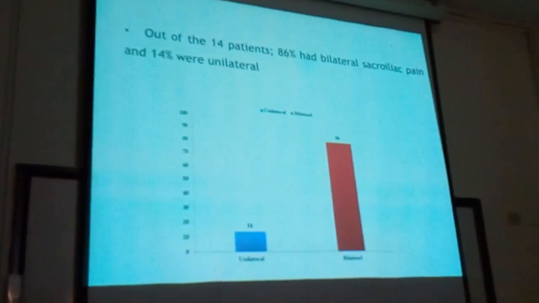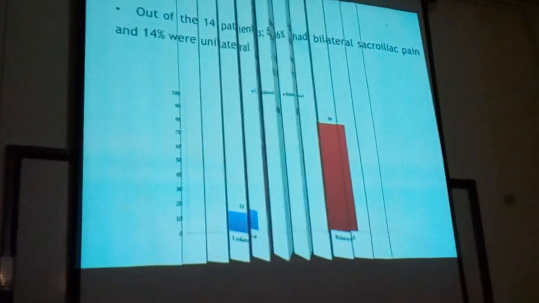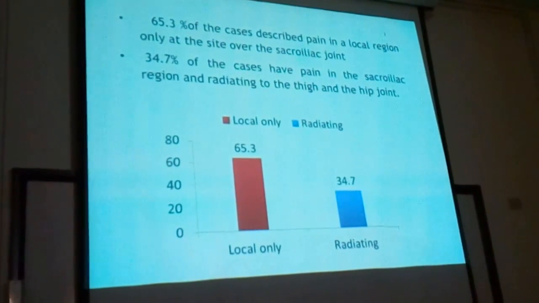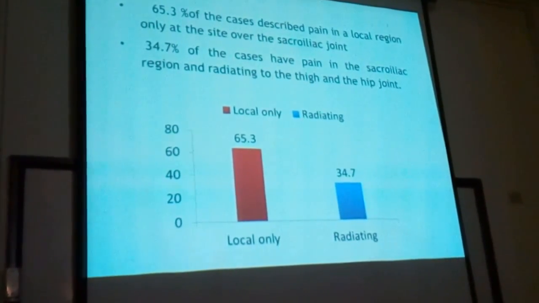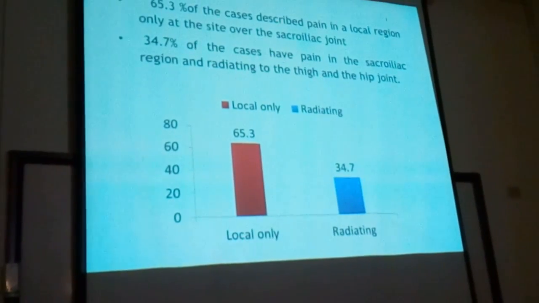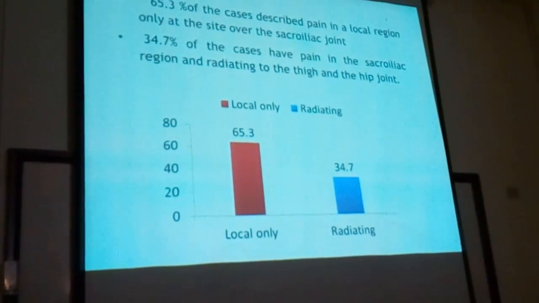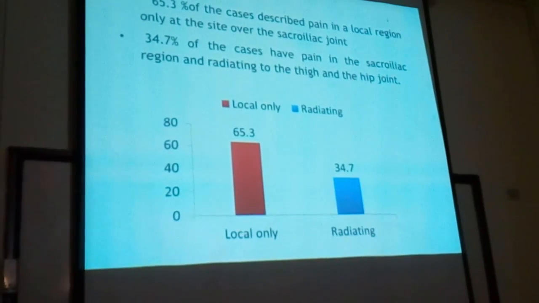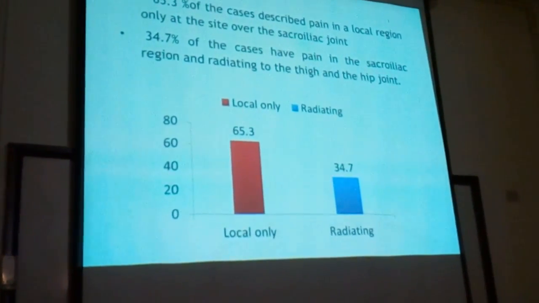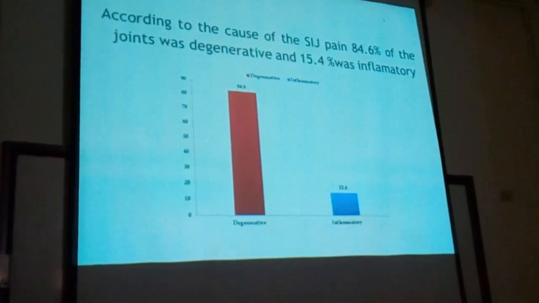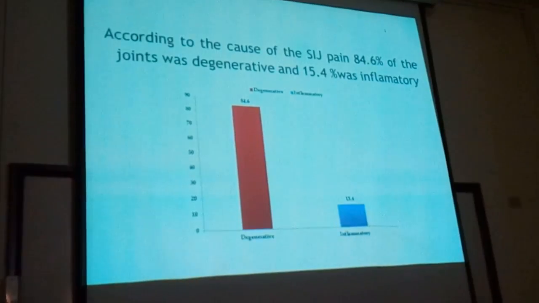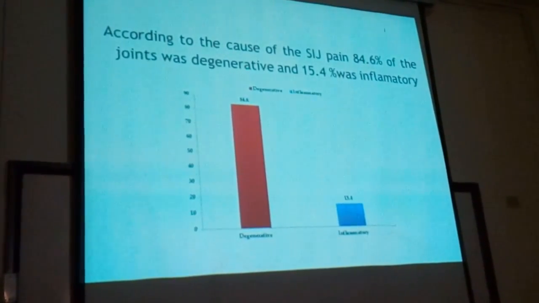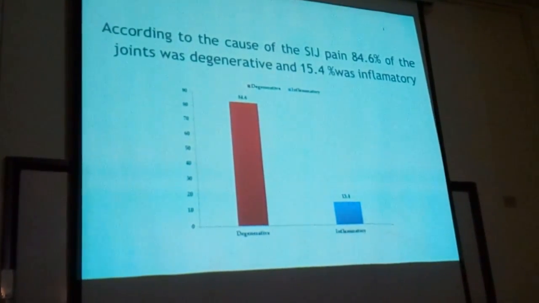Out of 14 patients, 86% had bilateral sacroiliac pain, and 14% were unilateral. 65.3% of the cases described pain in a local region only, at the site of the sacroiliac joint. 34.7% of the cases had pain in the sacroiliac region radiating to the thigh and the hip joint. According to the cause of the sacroiliac joint pain, 84.6% of the joints were degenerative and 15.4% were inflammatory.